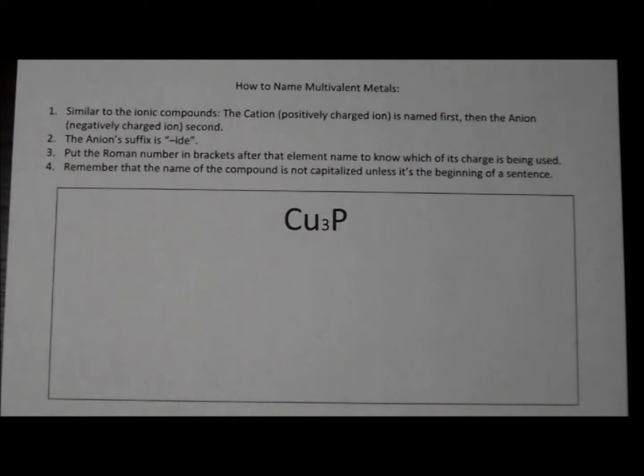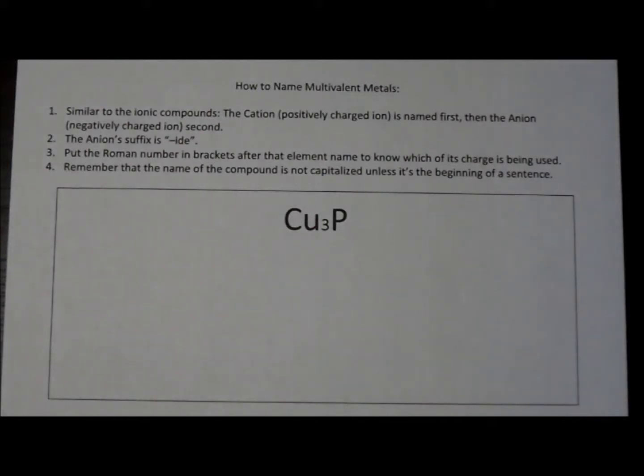Multivalent metals are metals that have more than just one charge, having multiple valences instead of just one. On my website, you can find the reference page that has the common multivalent metals. Today I'll be using the example of copper, which is Cu. It is one of the multivalent metals.